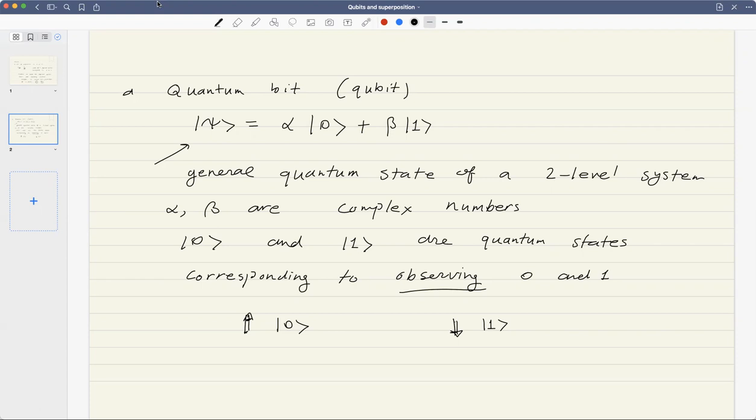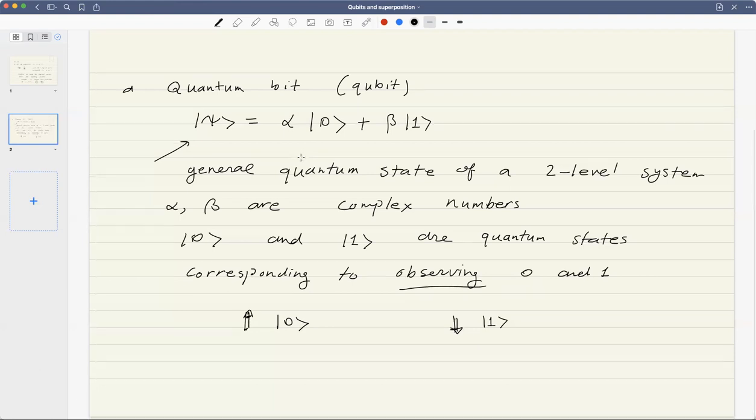So is it at the same time in both states, and then there's some probability of finding the cat to be dead or alive when you open the box? It's a very counterintuitive concept, but it turns out that systems that are isolated from a thermal environment experimentally behave like that. So let's try to build more intuition about what these things mean.